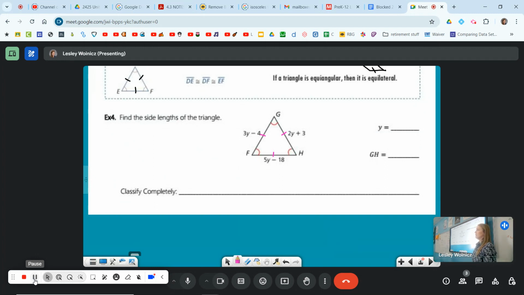Now, some kids will get confused by trying to set all 3 of these equal to each other. Do I need all 3? No, I just picked my friendliest looking 2, as long as they all have the same variable. Like if one of these had x in it, I wouldn't use that one. I'd use the one where I could solve for the variable. And then I use the third side to make sure that they all come out the same. Okay. So which 2 look friendliest?